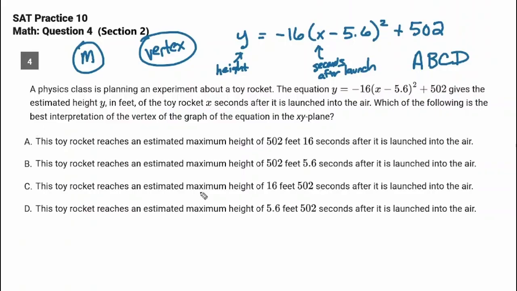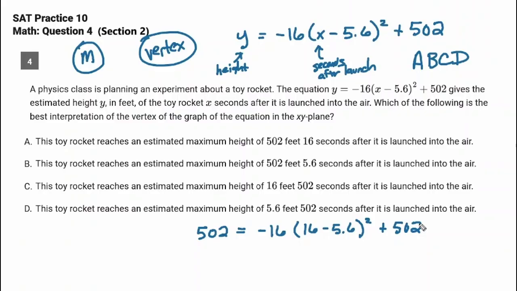So let's just run this equation with the numbers that we have. Y is 502, right? It's the height, equals negative 16 times, what's x? 16, minus 5.6, squared, plus 502. You got to get out your calculator and do this. 16 minus 5.6, that's 10.4.